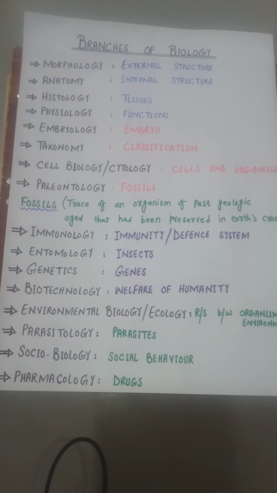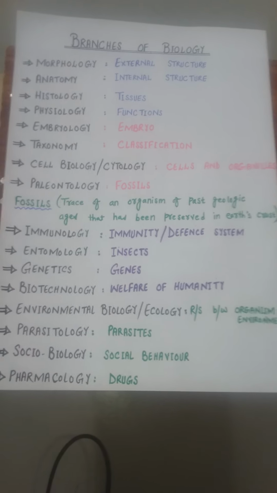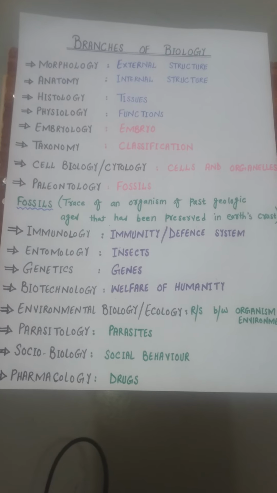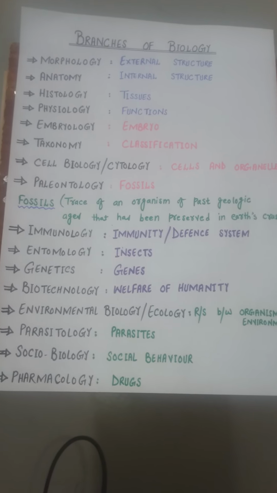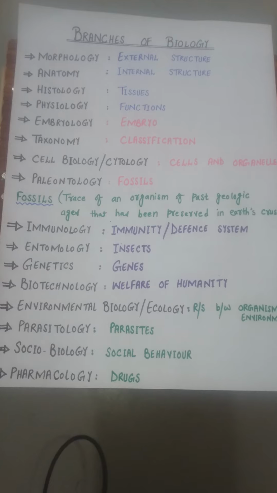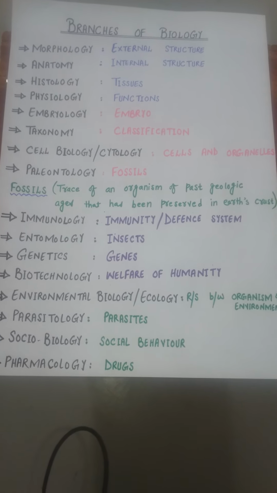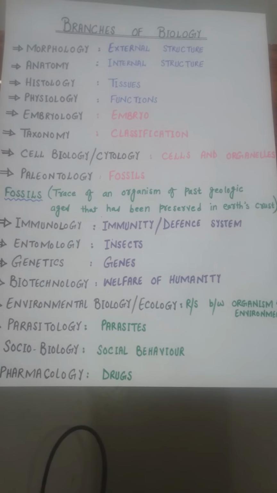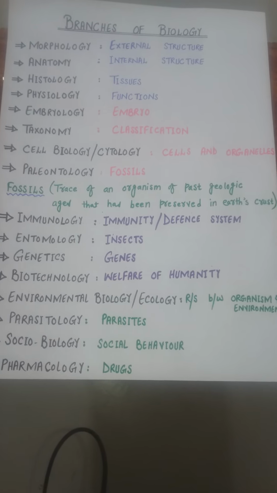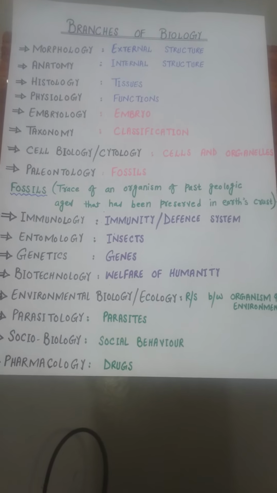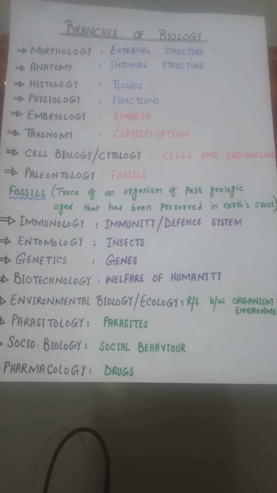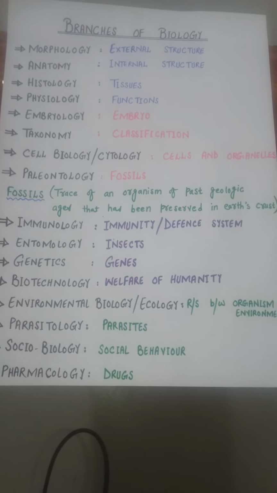Paleontology is divided into two parts, paleobotany and paleozoology. Botany means plants, zoology means animals. Paleobotany is the study of plant fossils and paleozoology is the study of animal fossils.